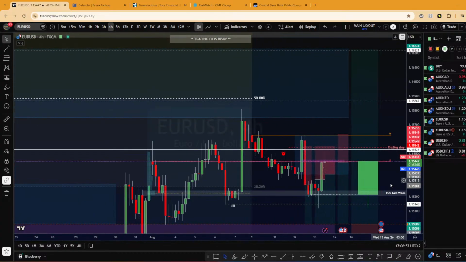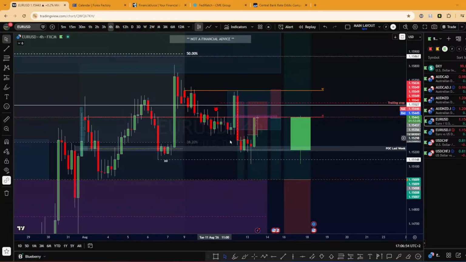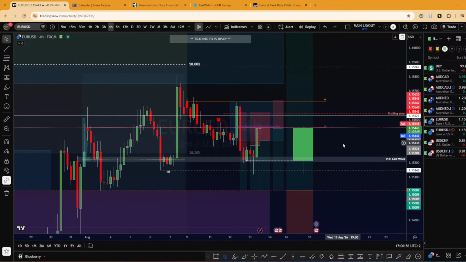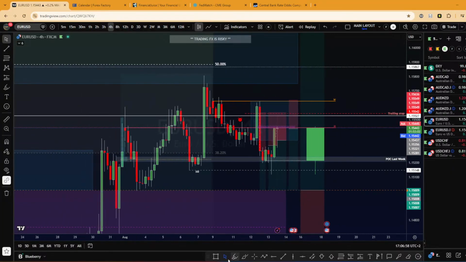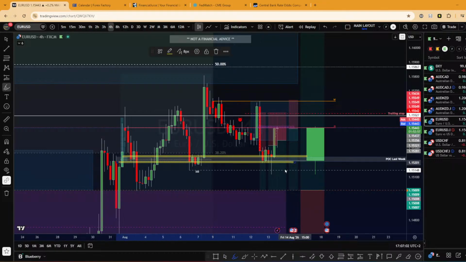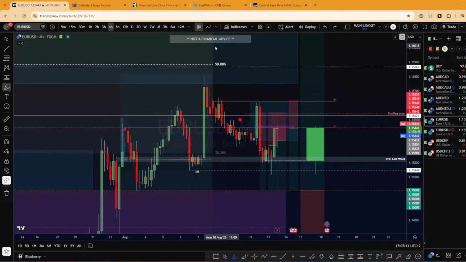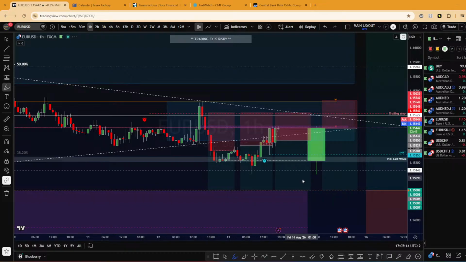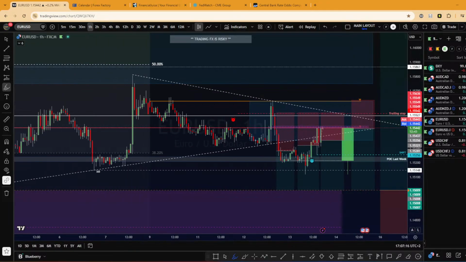You see, we started to see a bullish candle. I don't like it. I really don't like it. We have some level here where price is holding. So I will reduce my risk on Euro USD.